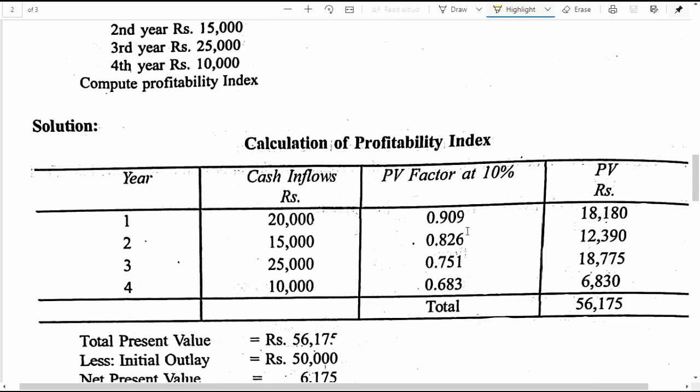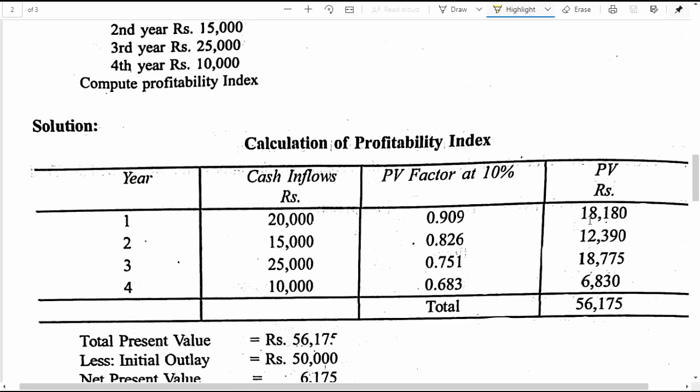These present value interest factor values have been chosen from the PVIF table and are presented here for 10%. Now, they have multiplied the cash inflows with the respective PV factor for each year and calculated the present value of cash inflows for each year.